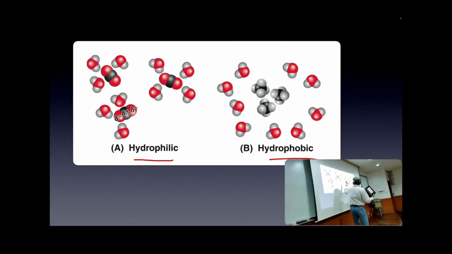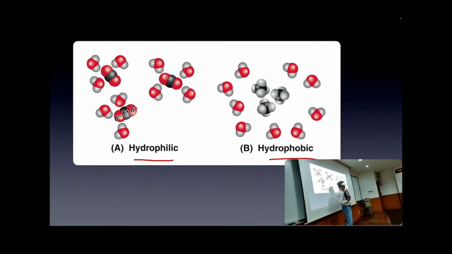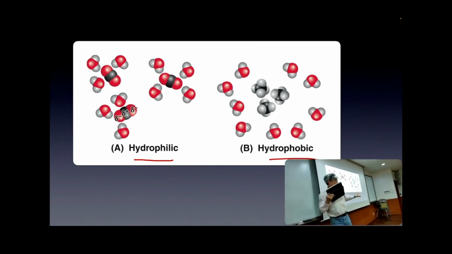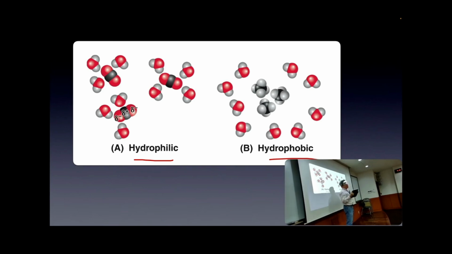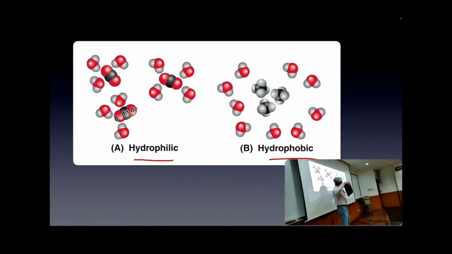So because you are basically water hating, your property is that you try to avoid making any contact with the water as much as possible. How can you do so? By gathering yourself together. So, hey, everybody come up, huddle up.